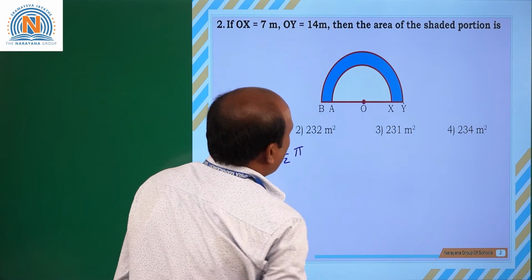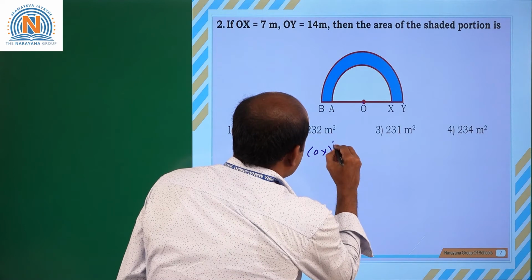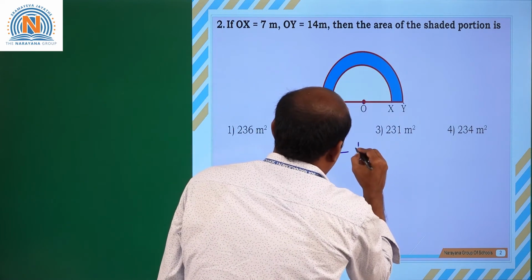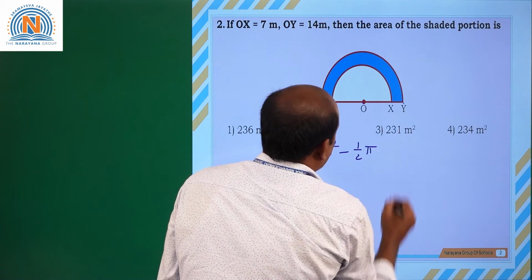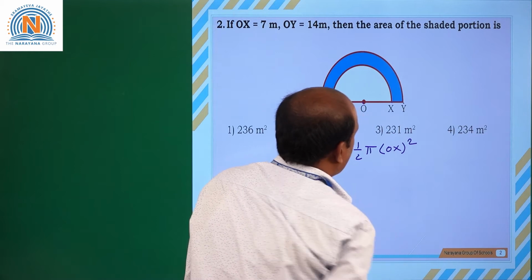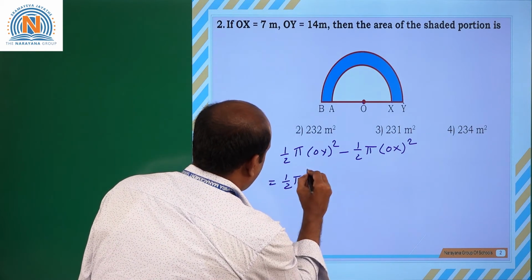So now we find this area means half into pi r square, R is nothing but OY whole square, minus inner half circle, that is half into pi into r square, r is nothing but OX whole square, that is equal to 1 by 2 pi, take common.